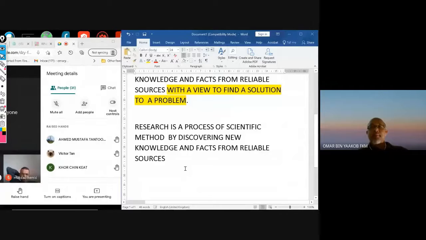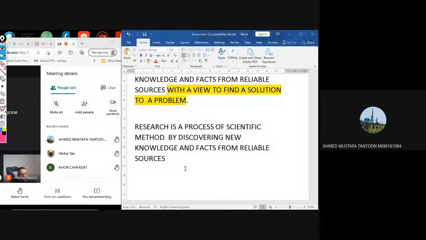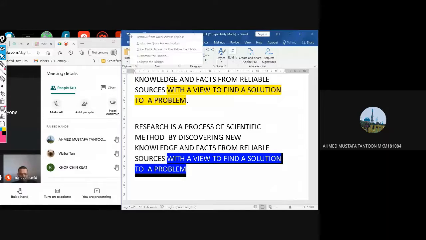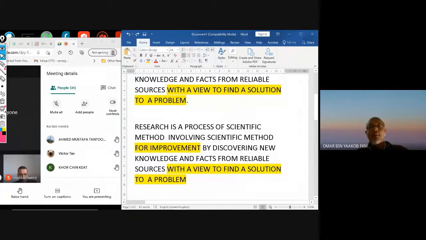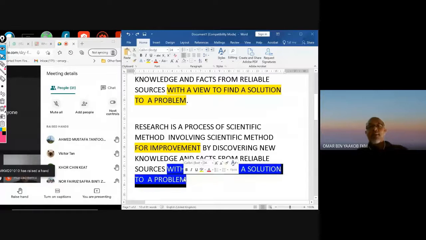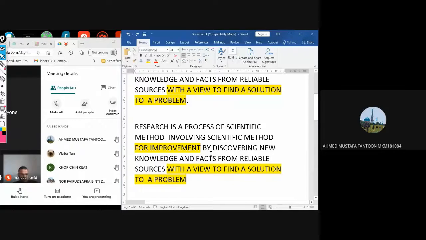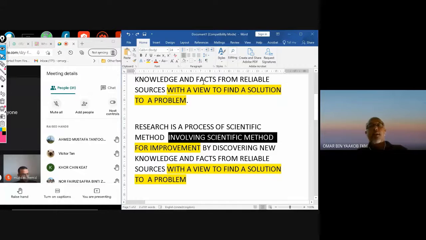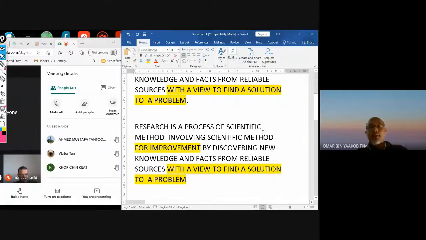Okay, this is your suggestion: research is a process of scientific method for improvement by discovering new knowledge and facts from reliable sources with a view to find a solution to the problem. Do we agree with this? Do we agree with that?